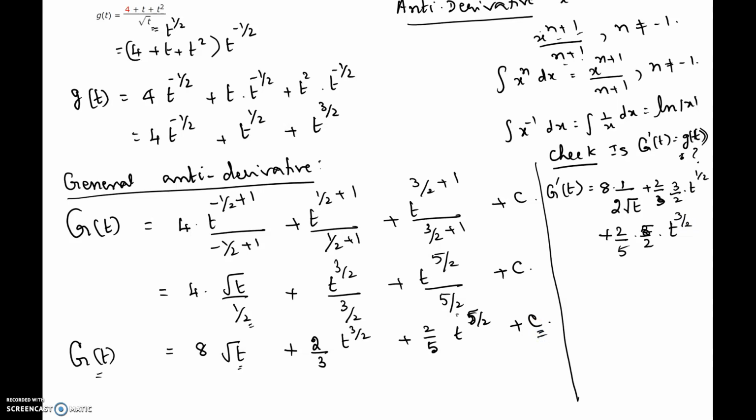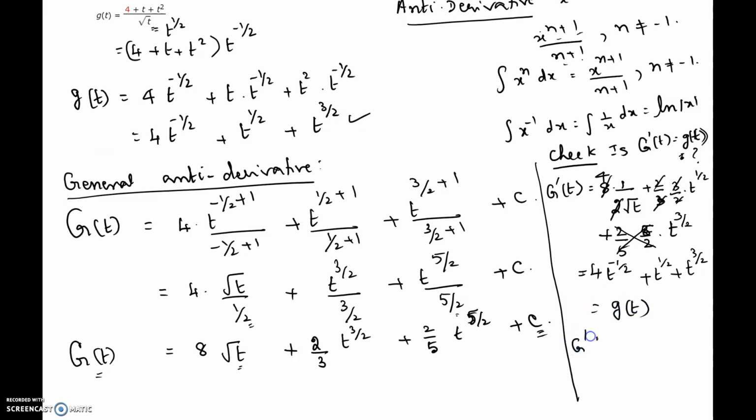The derivative of a constant is 0. So if you reduce this, you get 4 over the square root of t, which can be written as t to the negative 1 half, plus, 3 and 3 cancel out, 2 and 2 cancel out, the square root of t, or t to the 1 half. You can leave it as t to the 1 half. These two cancel out, plus t to the 3 halves, which is exactly lowercase g of t.